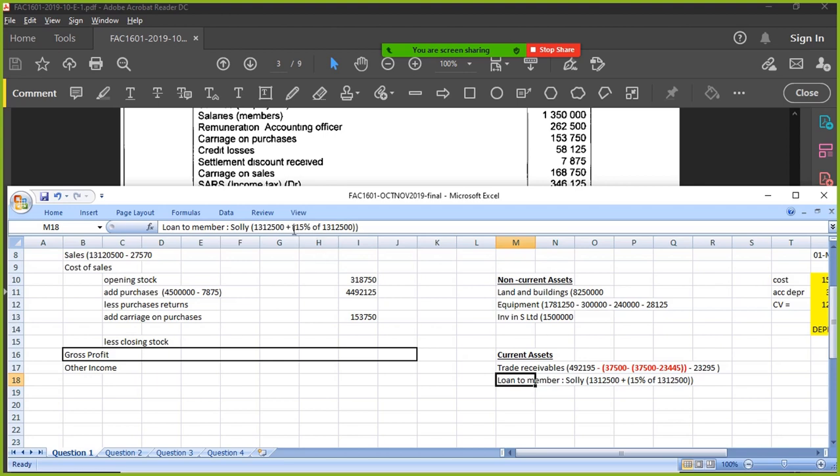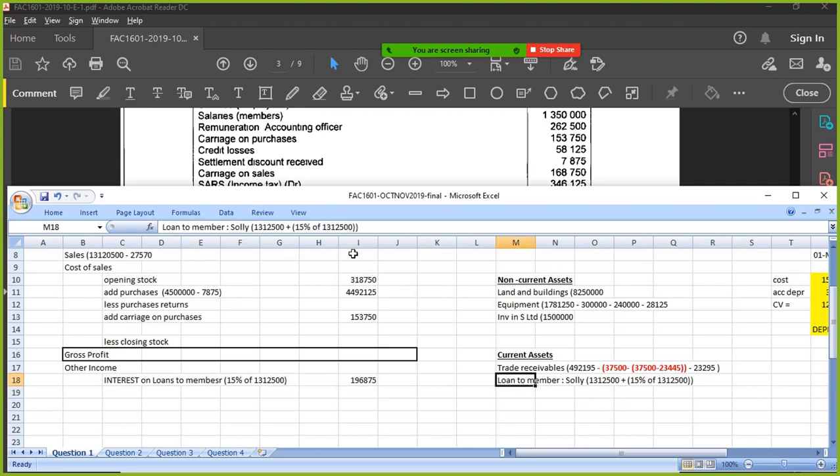Okay, this is going to be disclosed as interest on loans to members. Loans to members. Okay, there we go. So 15% of this.